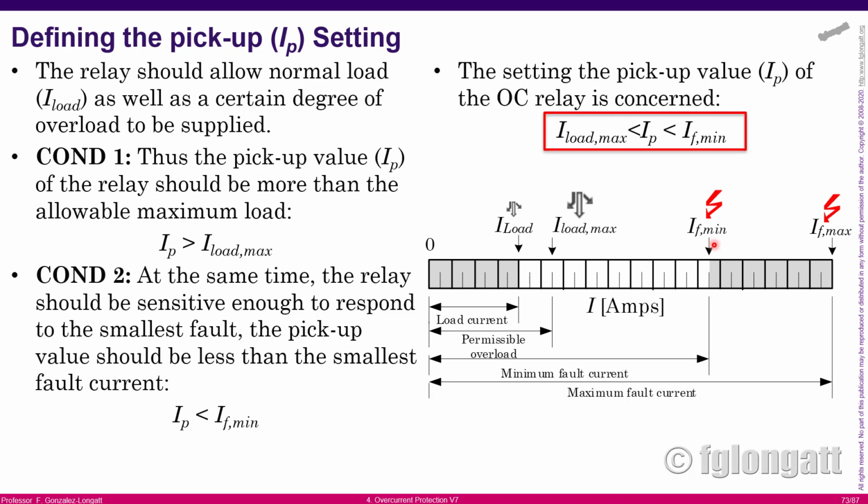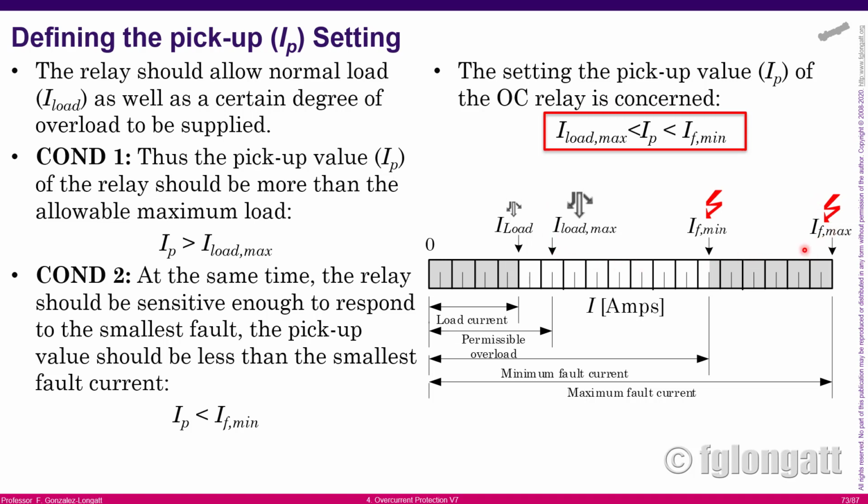Now, what are the two conditions for the pickup settings of these relays? Very simple. We don't want the relay tripping with currents below the maximum load current. No, we don't want that, because that means it will trip the circuit breaker during load conditions.